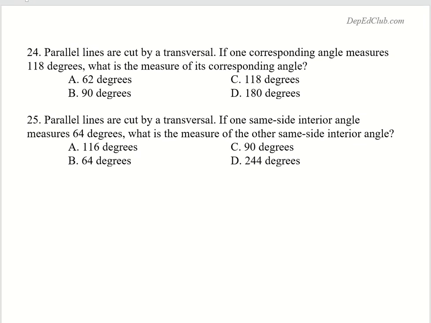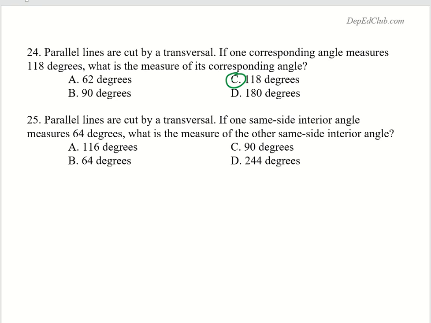24. Parallel lines are cut by a transversal. If one corresponding angle measures 118 degrees, what is the measure of its corresponding angle? Corresponding angles are congruent, so if one measurement is 118, the other is also 118 degrees. And 25, parallel lines are cut by a transversal.